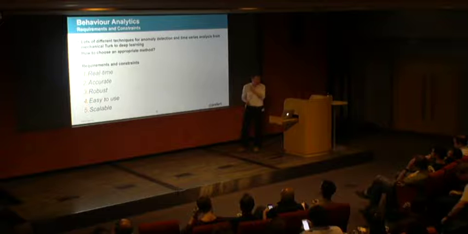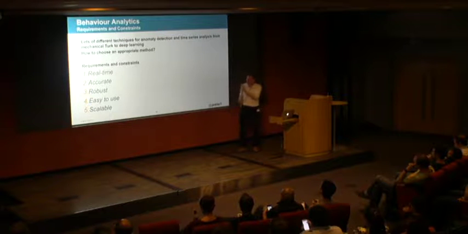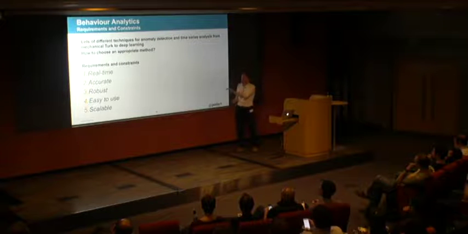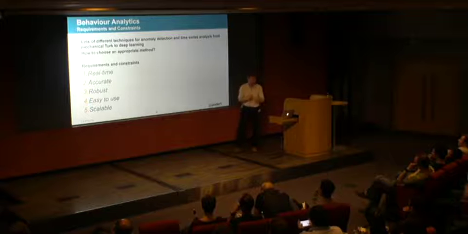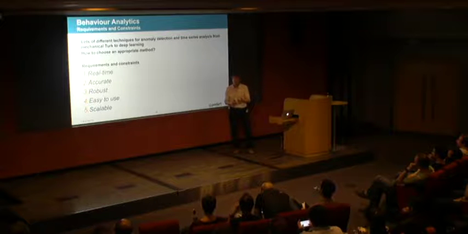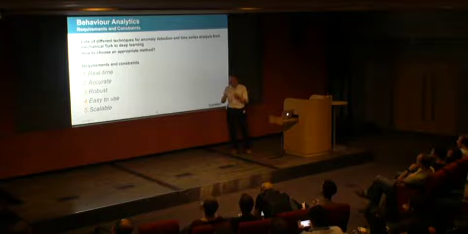This is one of the key things I want to try and get across. It's just words on a slide, but in our view, these are the things you need to satisfy to have an effective method. The first thing is, you want the system to operate in real time. You're getting this fire hose of machine data, whether from Elasticsearch or another product, and you want to understand and alert when something changes.